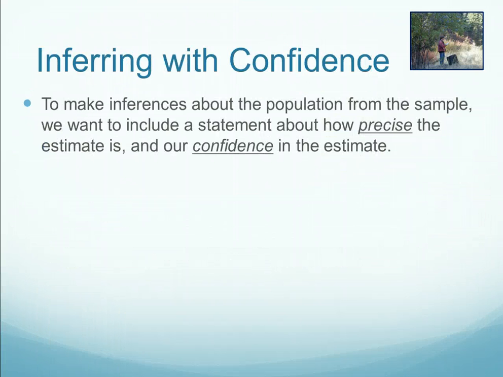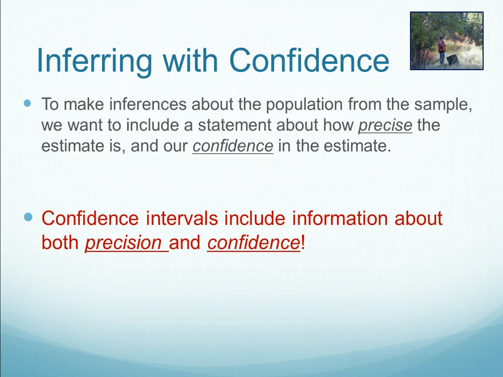To make inferences about the population from the sample, we want to include a statement both about the precision of the estimate and also how confident we are in that estimate. We do this using confidence intervals. Confidence intervals include information about both precision and confidence.